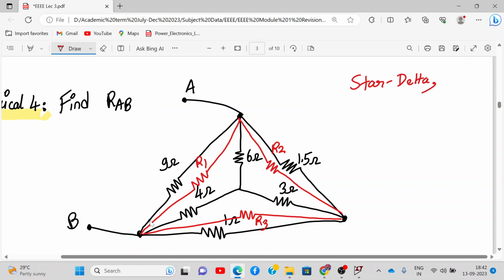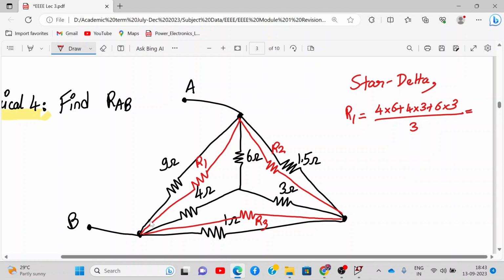Okay. So what is the value of R1? As I told you earlier, what is opposite to R1? 3 ohms. So denominator will be 3 ohms. Numerator will be 4 into 6 plus 4 into 3 plus 6 into 3.